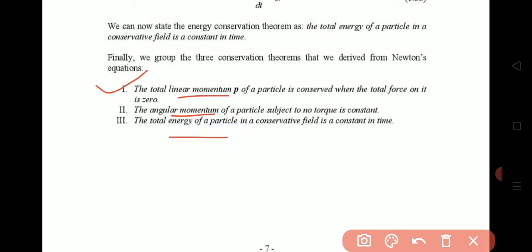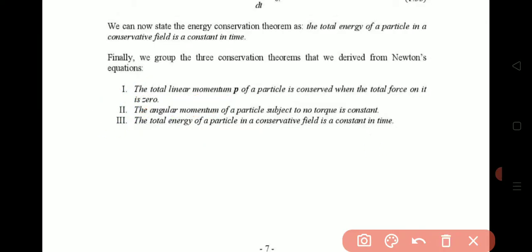First, the total linear momentum p of a particle is conserved when the total force on it is 0. This is the conservation theorem for linear momentum. The second is that the angular momentum of a particle subject to no torque is constant. This is the conservation theorem for angular momentum. And last, the total energy of a particle in a conservative field is constant in time.